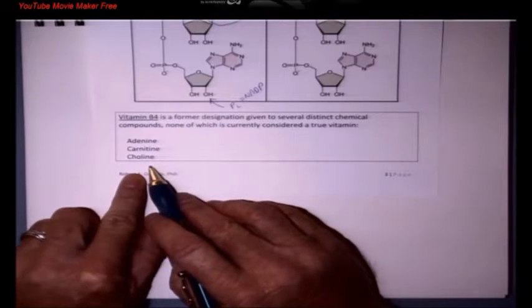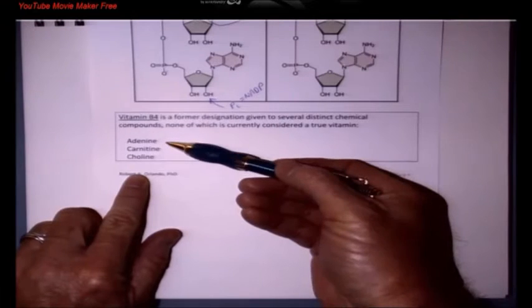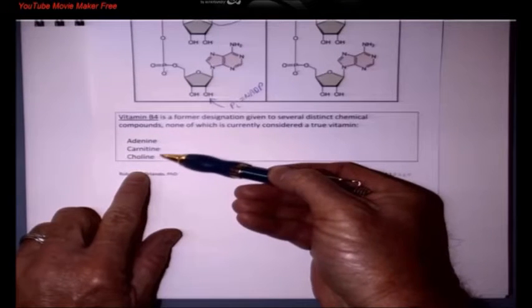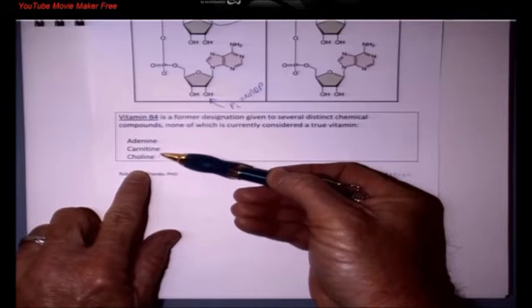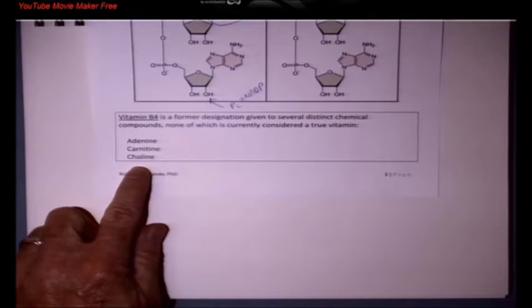This was in the old days when vitamins were being named, and B4 was often considered one of these three different compounds. These are no longer considered a vitamin. They're cofactors, but they're not considered vitamins. So that's why there's no B4. Okay, we're good on B3?